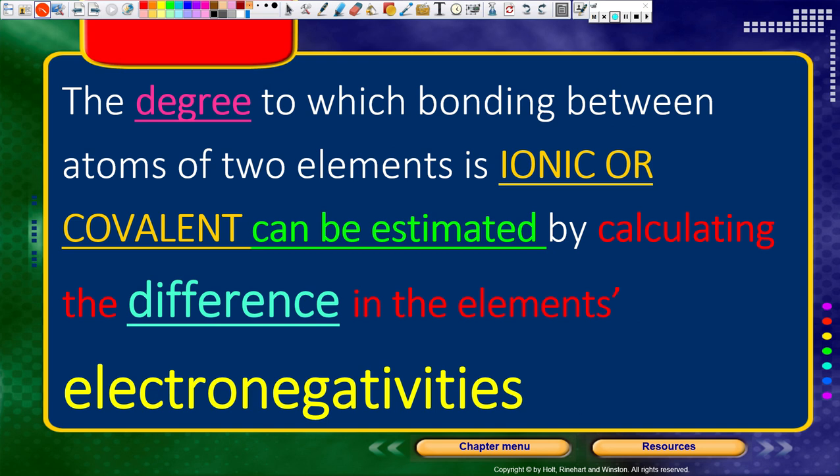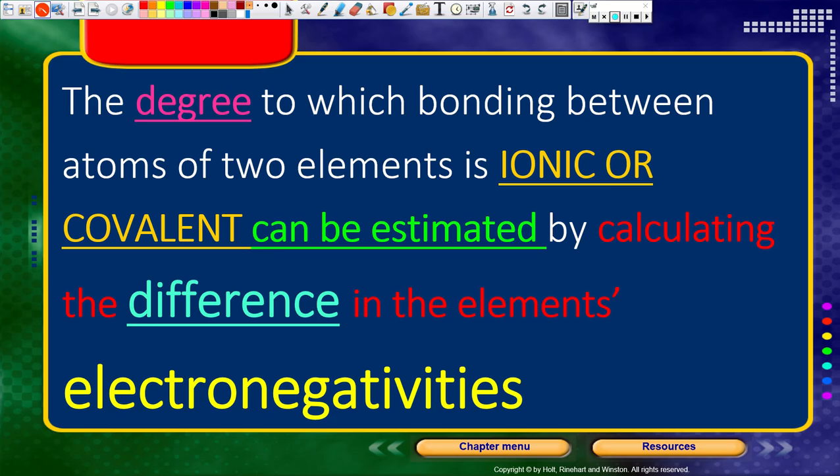So, the degree. What I mean by the degree is the amount. How much there is. The degree to which bonding between atoms of 2 elements is either ionic or covalent can be estimated by calculating the difference. What is difference in math?